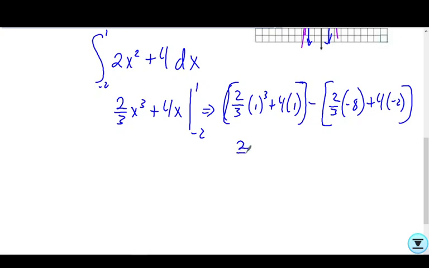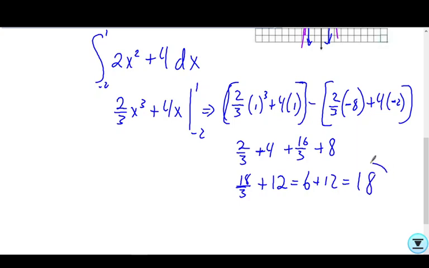So this is 2/3 plus 4, and then -16/3, which becomes plus 16/3, and -2 times 4 is -8, which makes it +8. So 18/3 plus 12; 18/3 is 6, so 6 plus 12 is 18. And that is my area.